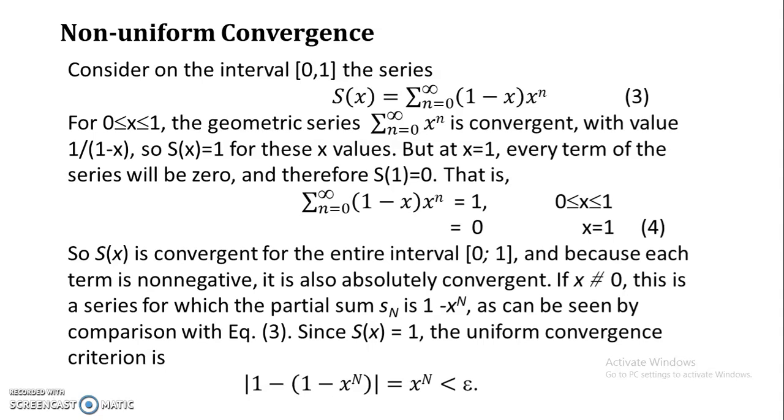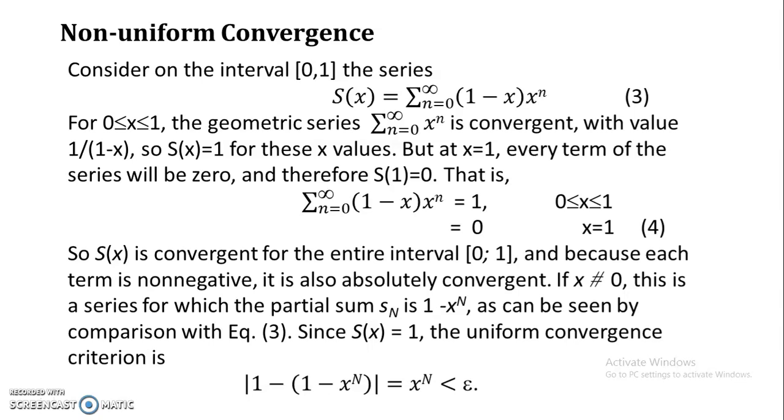If x is not equal to 1, this is a series for which the partial sum Sn is 1 minus x power n, as can be seen by comparison with the given equation 3. Since s of x is 1, the uniform convergence criterion is modulus of 1 minus x power n minus 1.